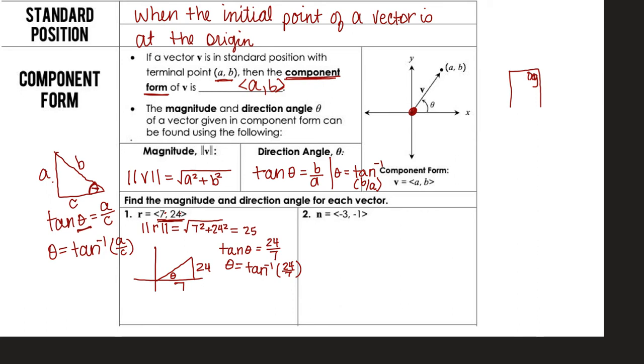So, in the calculator, you should get theta to be 73.74 degrees. And that's going to make sense because you're in standard form here. And here's your terminal side up here. So there's your angle.